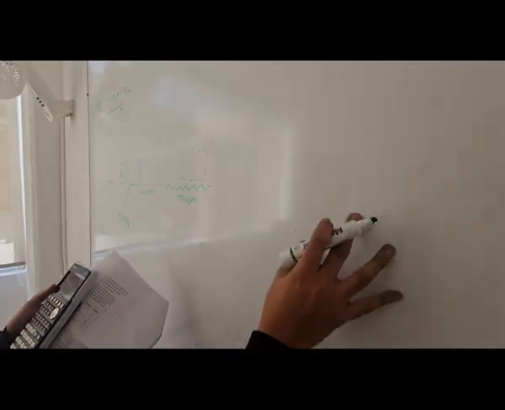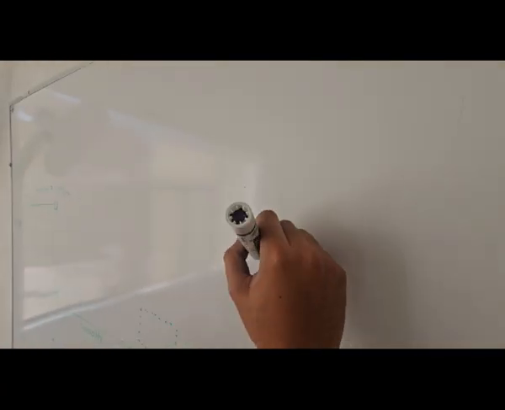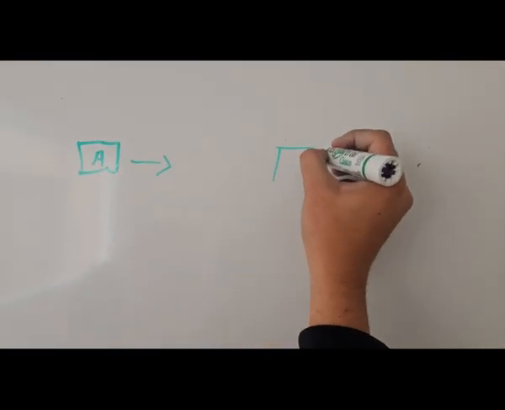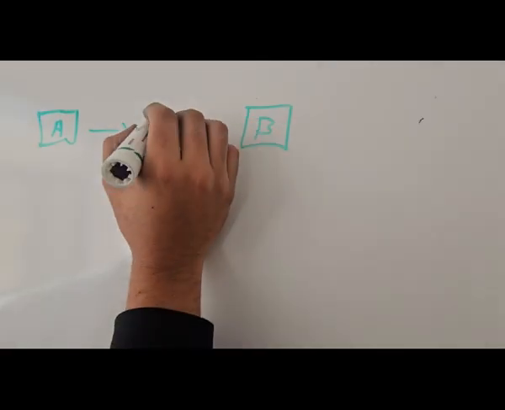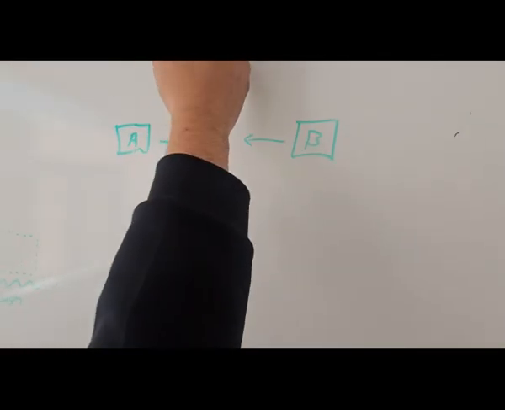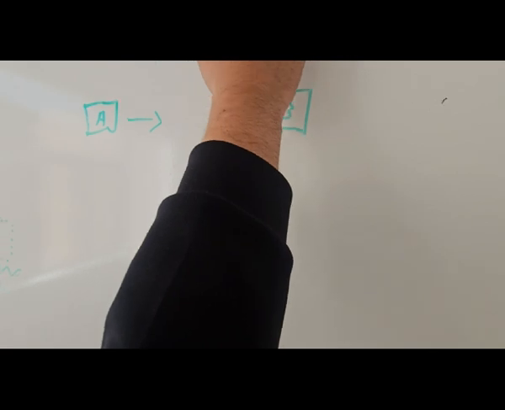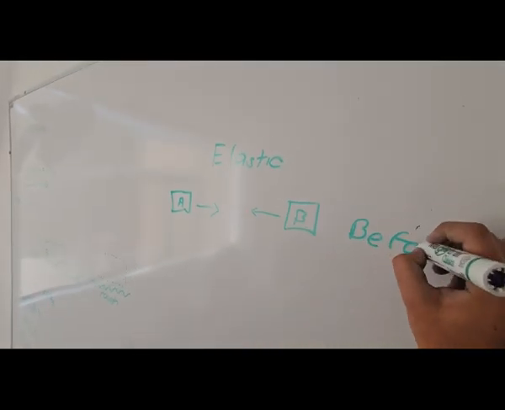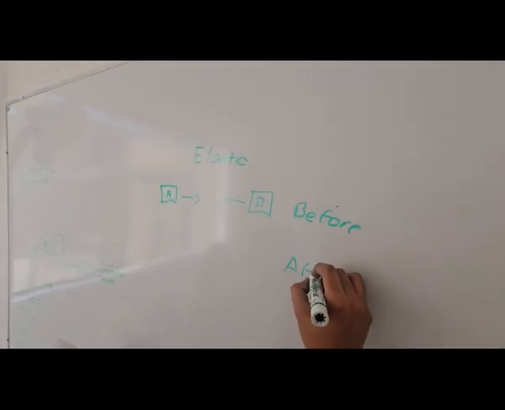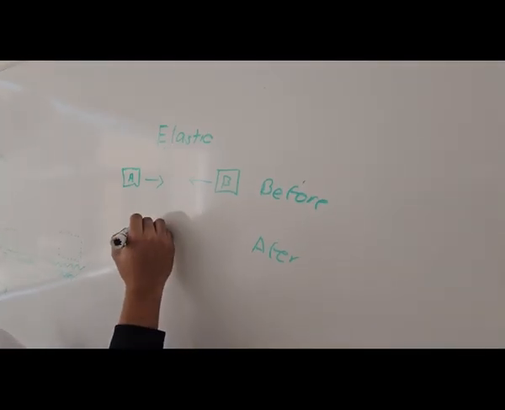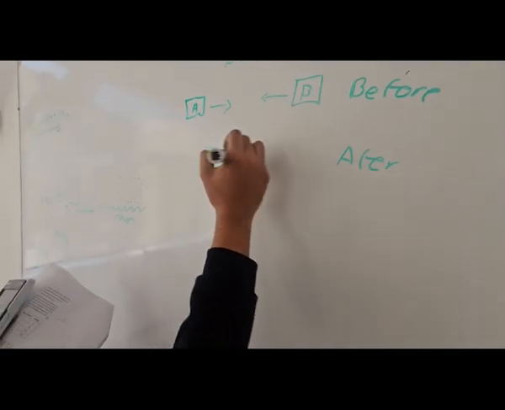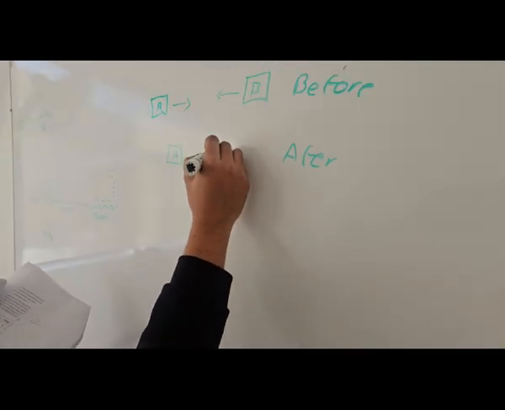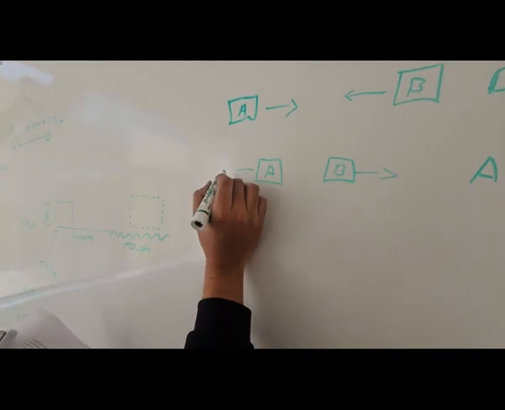So in an elastic collision, we know that when an object A collides with an object B, so it's elastic, we know that this is the before and the after, which in this case will be going in opposite directions.